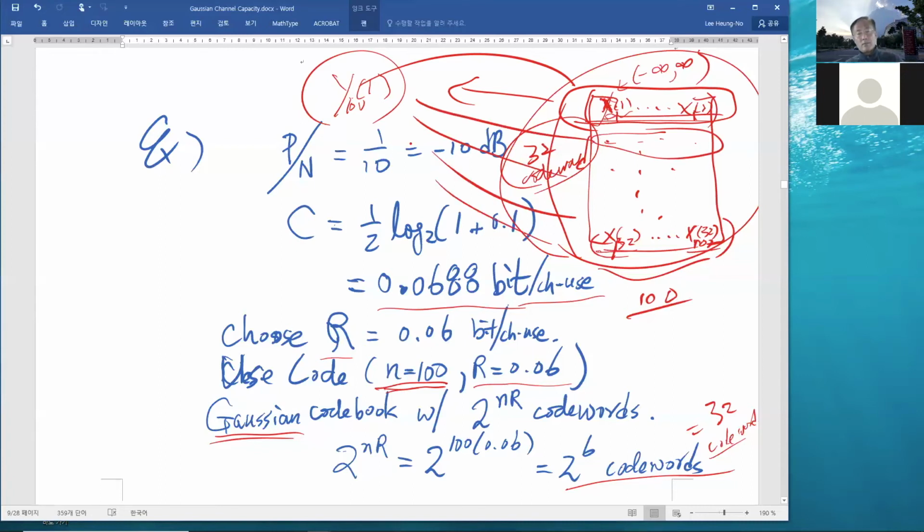So that was the argument used in the forward proof. Remember that?